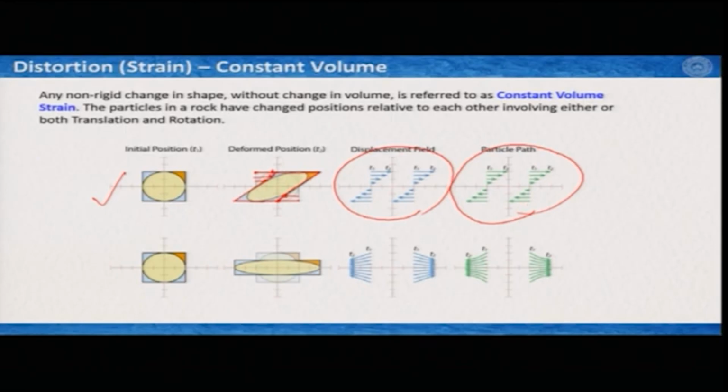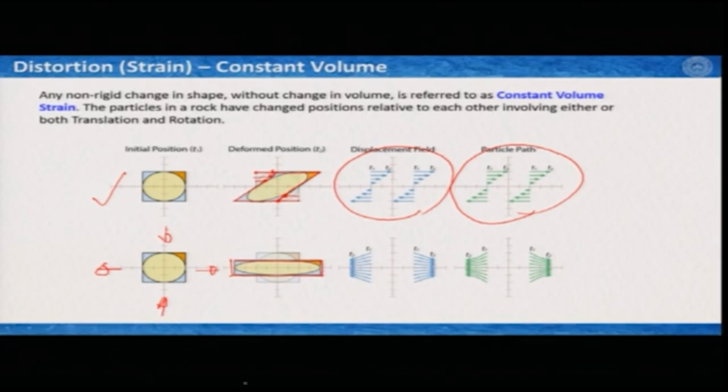For another type of distortion or strain, in this case what we see is that if I compress this shape and extend it towards this side, then it takes this rectangular shape, or the circle becomes an ellipse, keeping the volume constant.